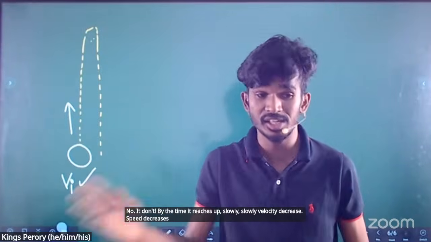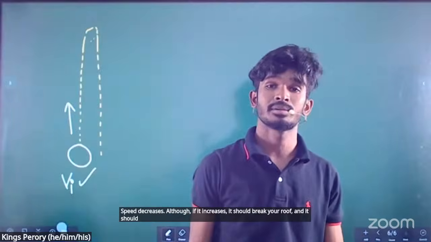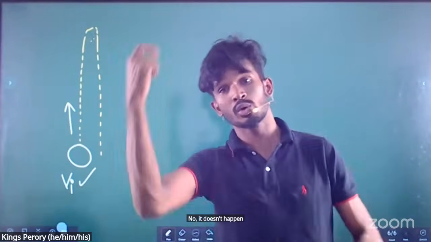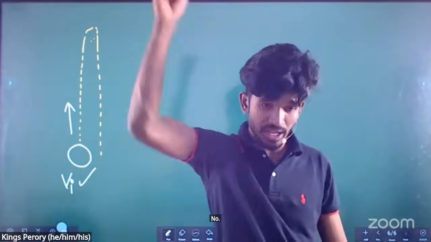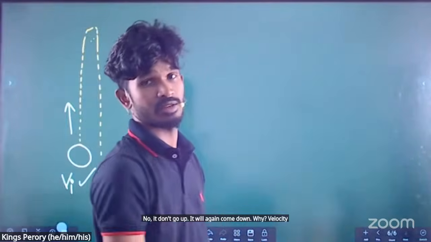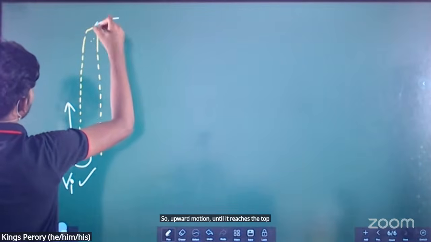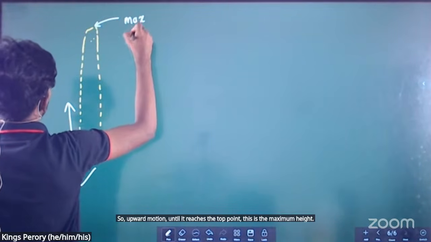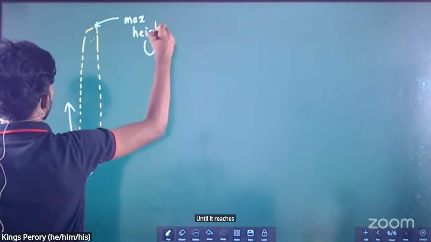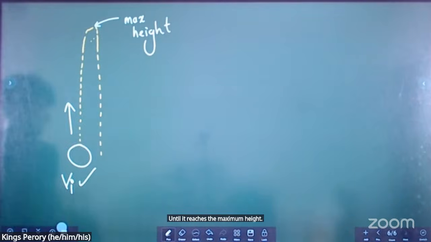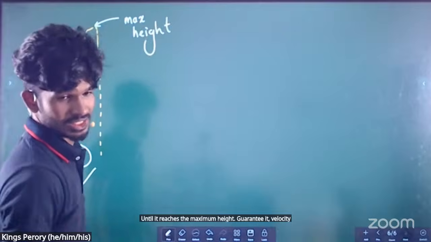If it increased, it should break your roof and go up. No, it doesn't happen. You take the phone and throw it up, it won't keep going up. It will again come down. Why? Velocity is decreasing. So in the upward motion, until it reaches the top point, this is the maximum height. Until it reaches the maximum height, guaranteed velocity decreases.